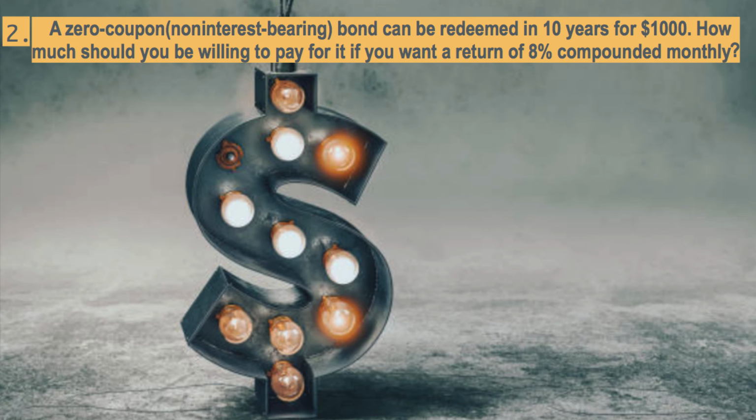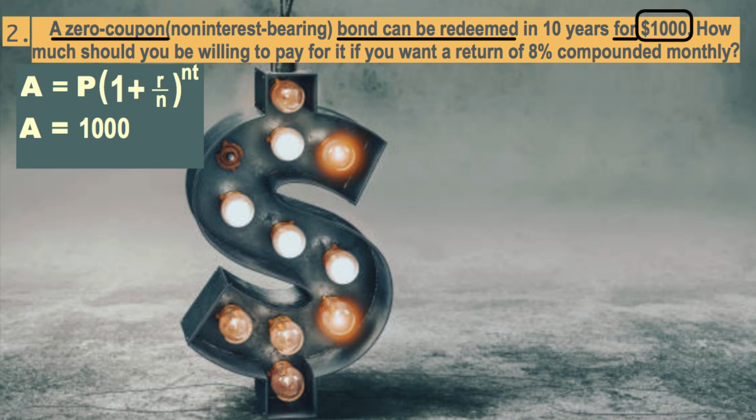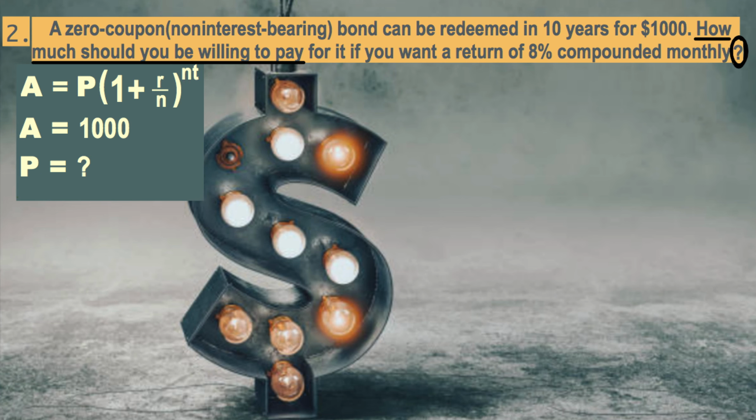Now, A is $1,000 because this zero coupon bond can be redeemed for $1,000 at the end of the 10-year period. So that's our final value. Our principal is unknown.